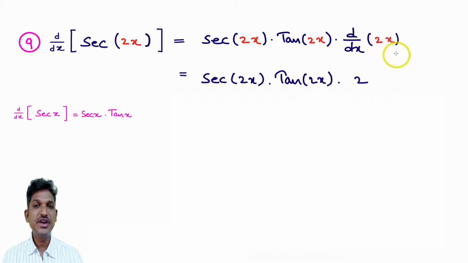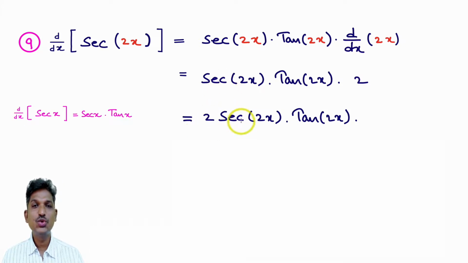You know basic differentiation, d by dx of ku is k into the derivative of u. So I'll take 2 outside and differentiate x. 2 into the derivative of x, which is 1. 2 into 1 is 2 only. So further, you can write this as 2 into secant 2x into tan 2x. That's it. How simple this chain rule differentiation is.